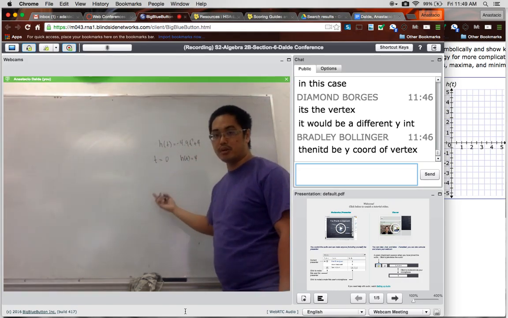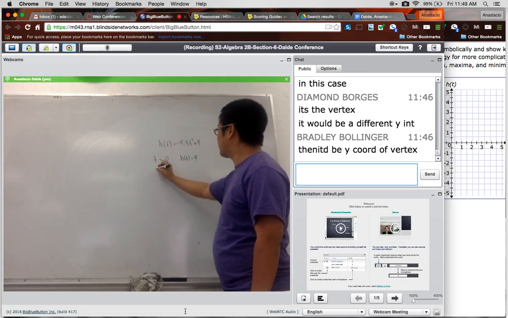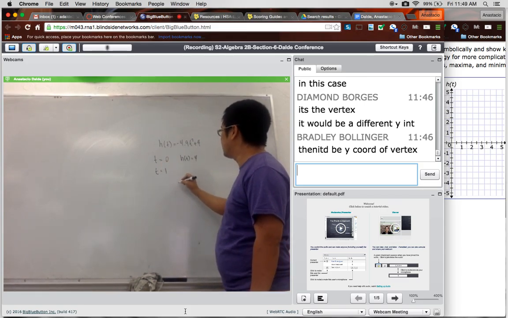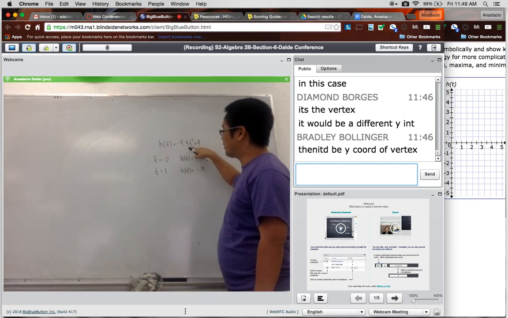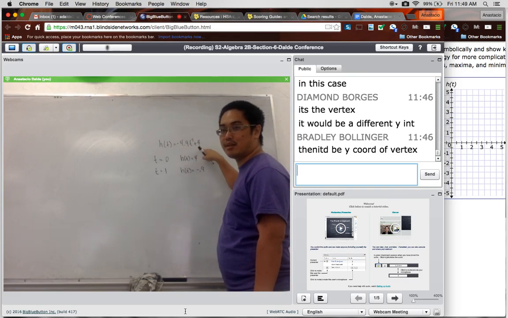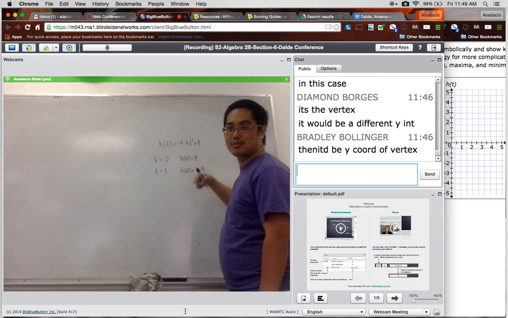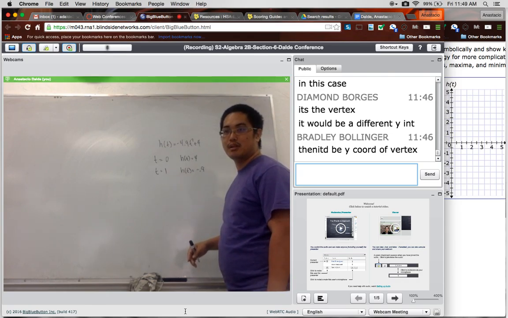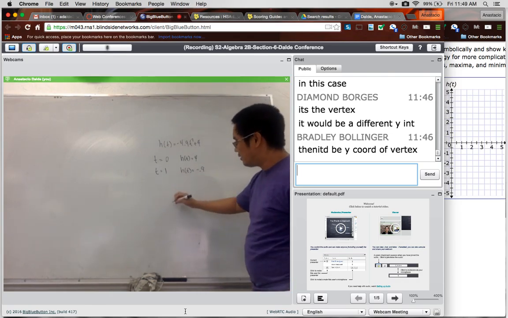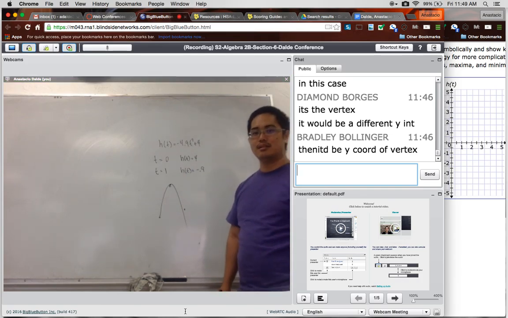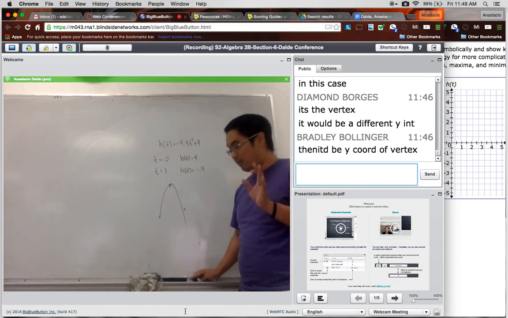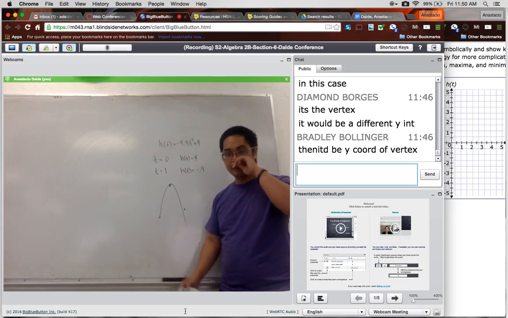Then I would say, if t equals 1, then h of t would equal negative 0.9. If I plug 1 in, I've got negative 4.9 times 1 plus 4. It's just negative 0.9. And I would make my parabola cross through those 2 points. That's how officially I would graph it.